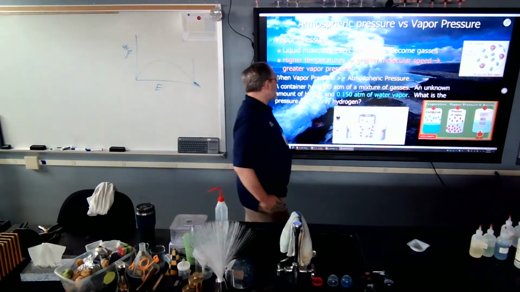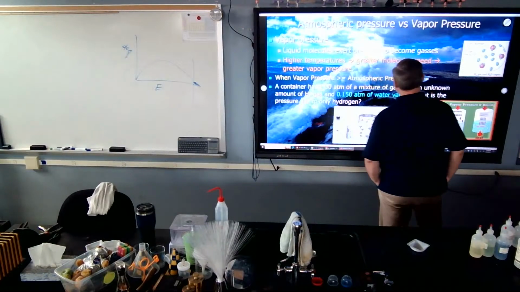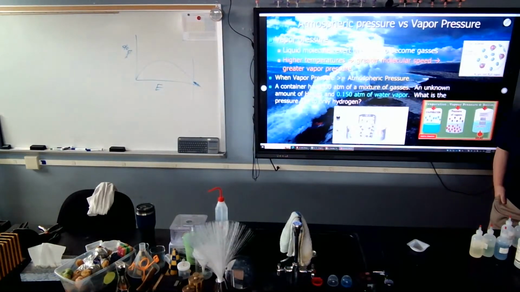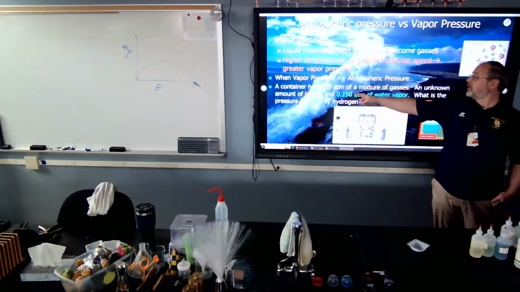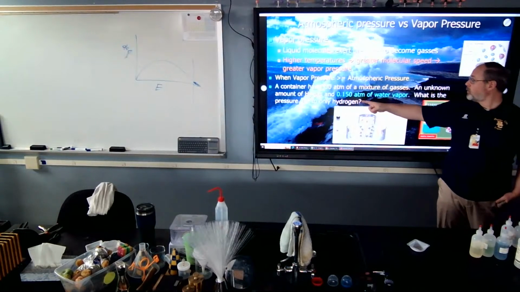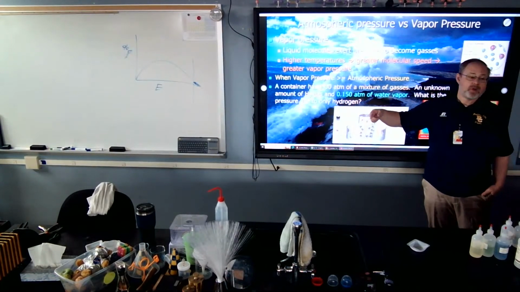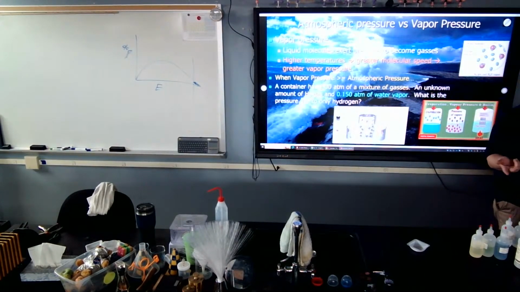If a container has 1 atmosphere of mixture of gases, an unknown amount of H2, and 0.15 atmospheres of water vapor, what's the pressure due to just hydrogen? If the whole thing is 1, and water vapor is 0.15, what's the pressure due to just hydrogen? 0.85. Exactly.